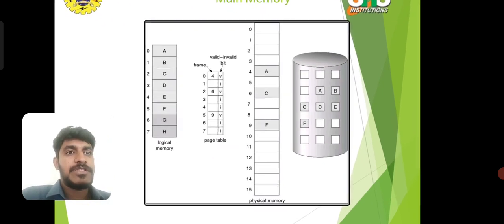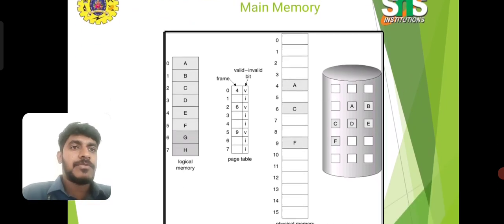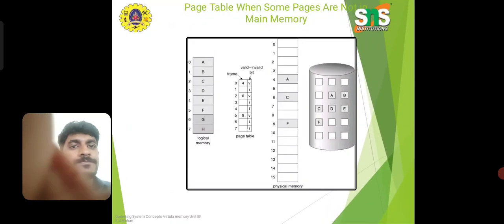Physical memory holds frames A to I, with the logical memory and page table showing valid and invalid entries.